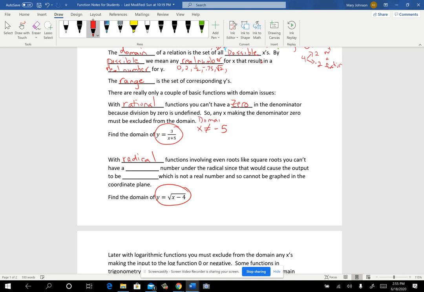One way to say it is just to say x can't be -5. What that kind of means is any real number except -5. But a lot of times domains are written using interval notation. If we want all real numbers except -5, it's like we want to say anything from here, just jump over -5 and keep going is okay.